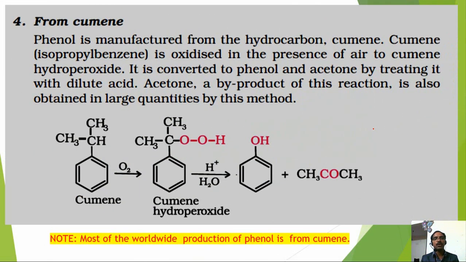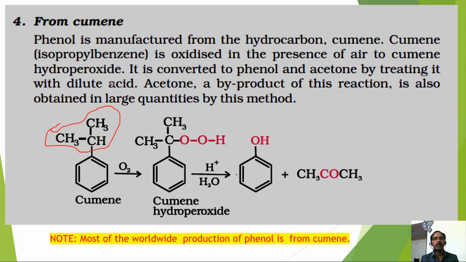Next, from cumene. This is a very widely used method. Most of the world production of phenol is from cumene. Phenol is manufactured from the hydrocarbon cumene, whose other name is isopropyl benzene. This is isopropyl benzene.